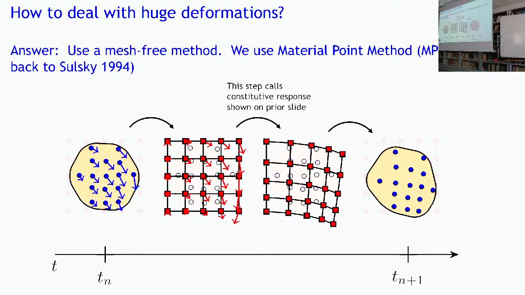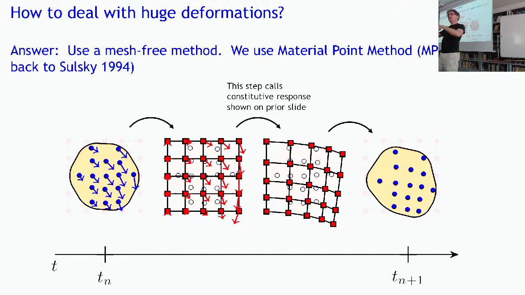The first thing that you do, and this all happens within one step, is you impose a background grid. We call that the scratch pad. Then you use interpolation functions to take the data from the points and put it onto the grid. So now the grid has all that data on it. Since the grid has the stress, the density, the velocity, right now I have everything that I need to do one finite element step.